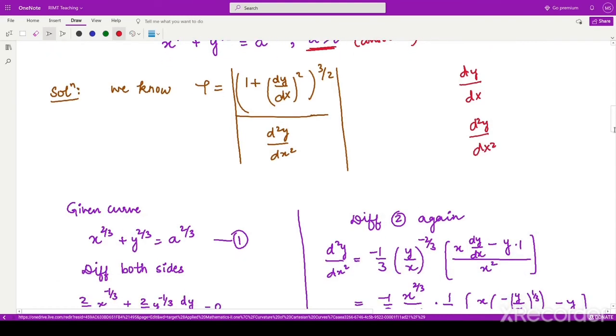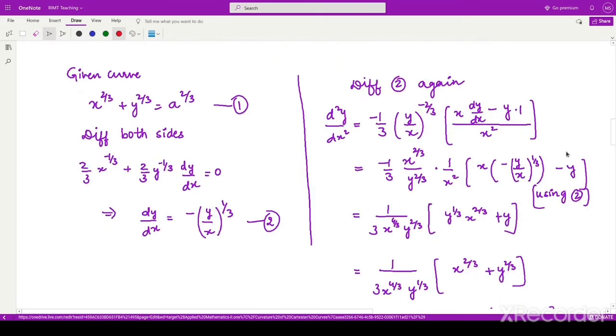So how can we do that? We will just differentiate our given curve. So this is the given curve. When you differentiate it with respect to x, the derivative of x to the power 2 by 3 comes out to be 2 by 3 x raised to power minus 1 by 3, plus the derivative of the second term, which is 2 by 3 y raised to power minus 1 by 3, and then dy by dx using the chain rule, and this being constant, its derivative is 0.